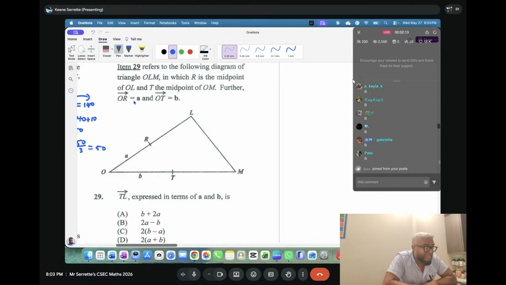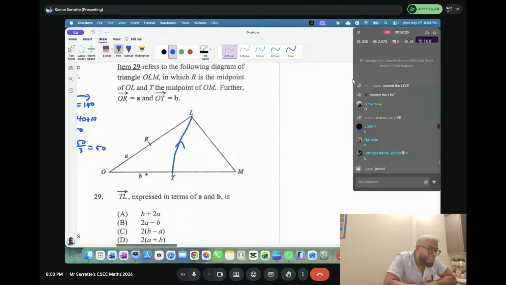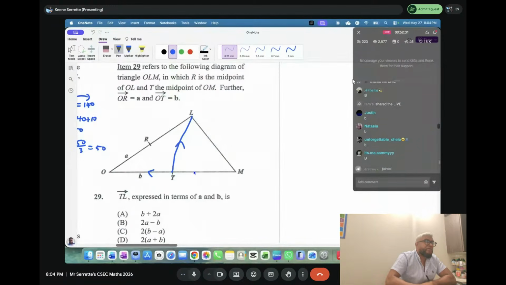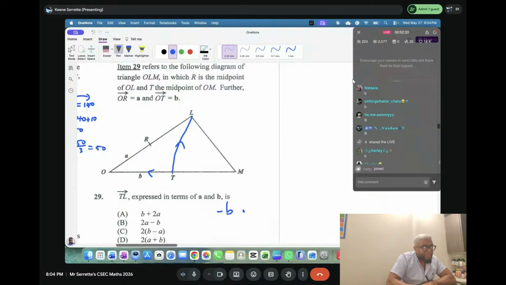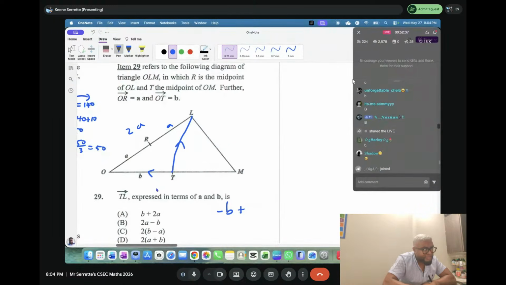Further, OR is equal to A and OT is equal to B. So they want TL, from T to L. T to O to L. If we go from T to O, we go against the traffic, so this will be negative B, plus 2A, since we move with the traffic. The whole thing is 2A minus B. Proper thing.